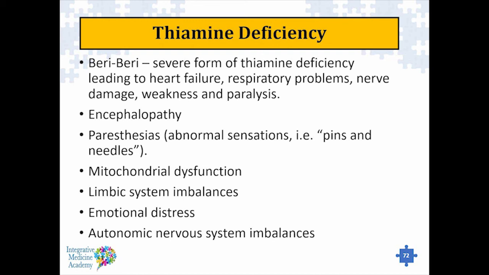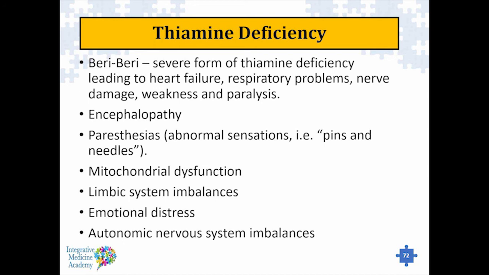Encephalopathy can occur because of thiamine deficiencies. Excessive alcoholics are at risk for thiamine deficiencies and some of the brain abnormalities that occur with it. People can develop what are called paresthesias, these abnormal sensations, pins and needles, for example, in their extremities.